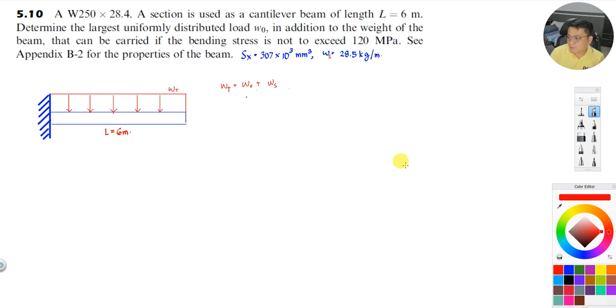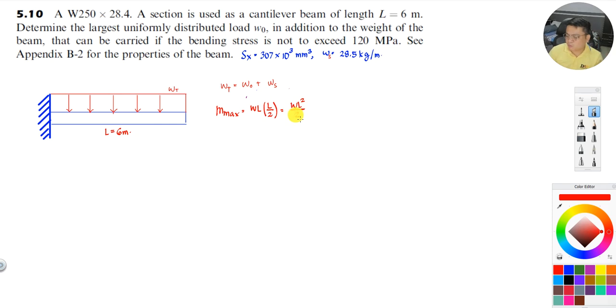So you can draw a moment diagram, but here, for a uniformly distributed load on a cantilever, the maximum moment is equal to WL times the moment arm, which is half, L all over 2. So that's equals to WL squared all over 2.